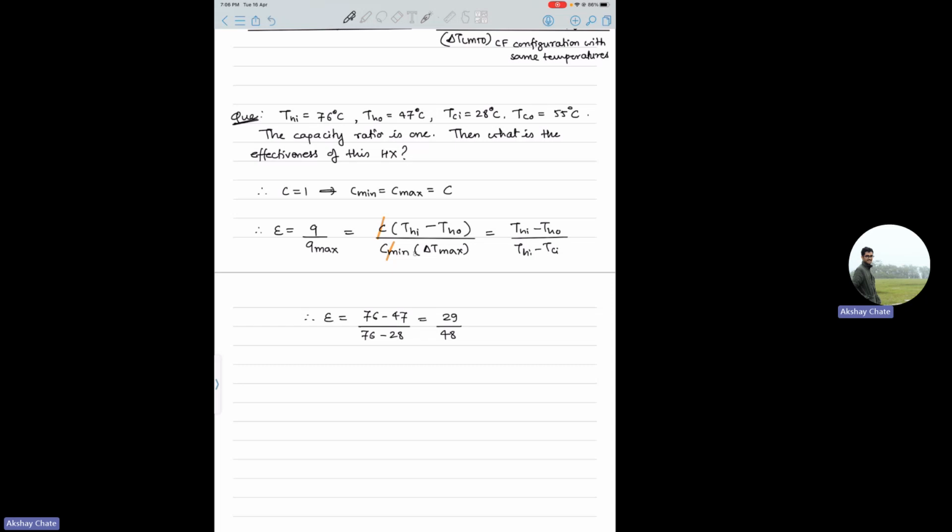And if you take the ratio, it comes out to be 0.604. So that is 60.4% effectiveness. So this type of question is also there, where you must know the definition of effectiveness and what it represents. If you know that, you can solve these questions in a few minutes.